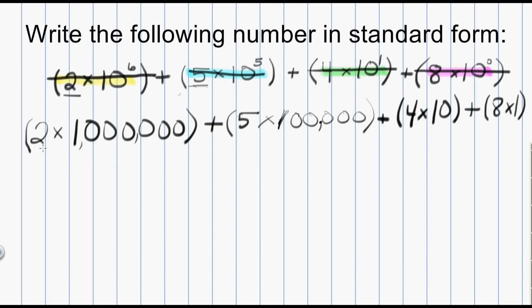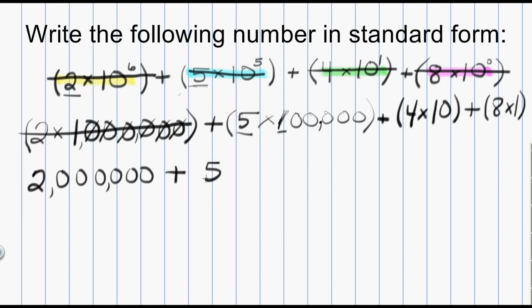All right, we'll come back to our first expression. 2 times 1 million. Now let's bring down this 2. And I've got 6 zeros. So 1, 2, 3, 4, 5, 6. In my next expression, 5 times 1 is 5.